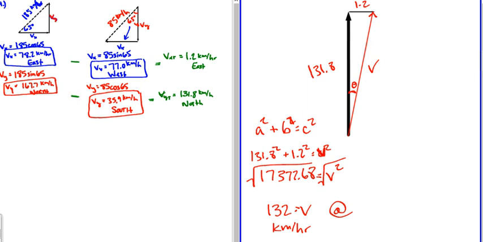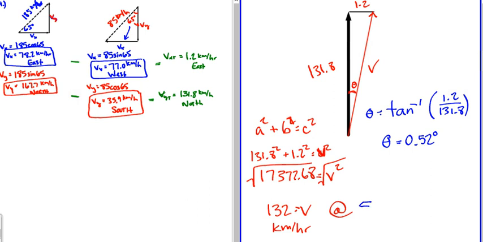But in which direction? To do that, we'll use tangent inverse again to find theta. Tangent inverse of opposite over adjacent. I get theta equals 0.52 degrees.